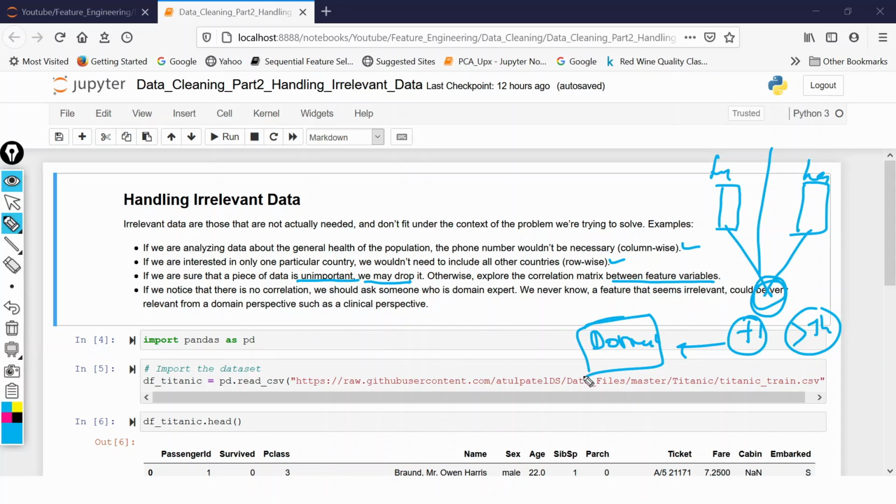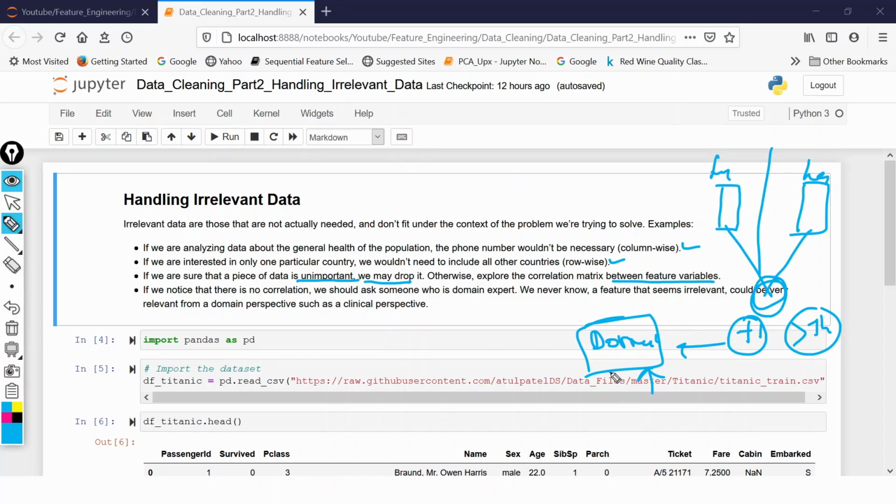Maybe as per our understanding this column is not required, but once we discuss with the domain expert, he will provide us a better suggestion, because he is an expert in that particular area, so he knows all the integrity inside that particular column.